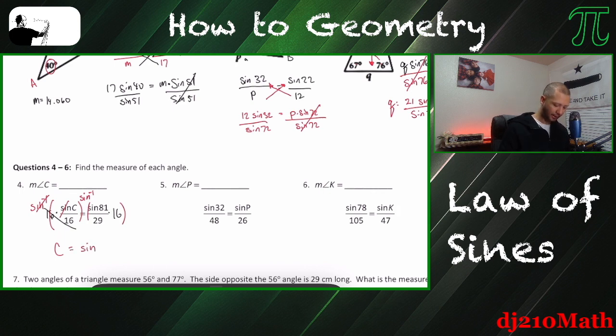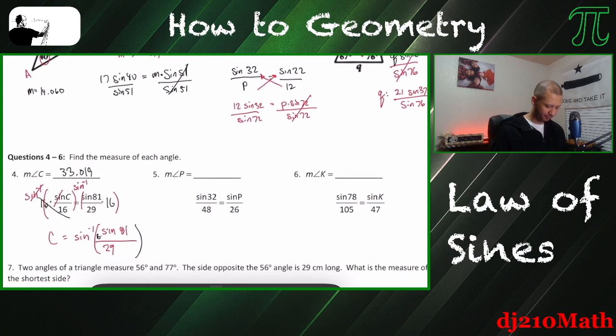And this is sine inverse of sine 81 over 29 times 16. So we could actually put the 16 in front. And now this is calculator work. All right, we get approximately 33.019.